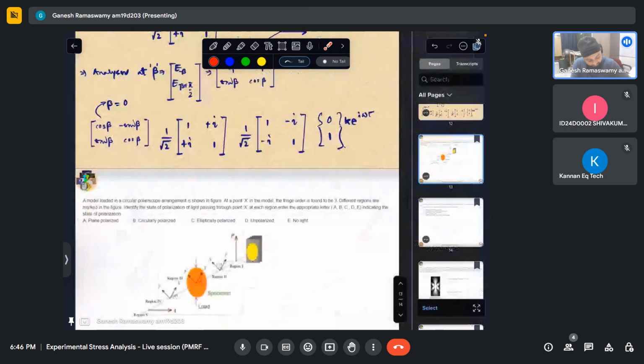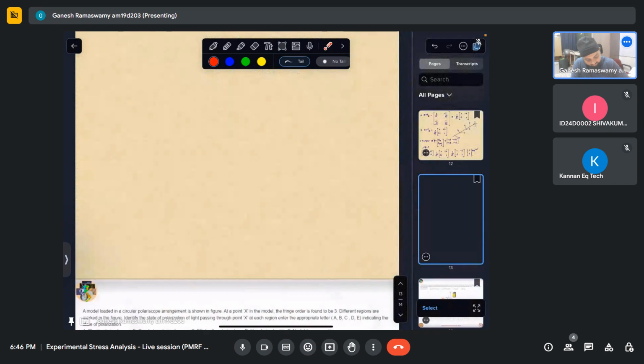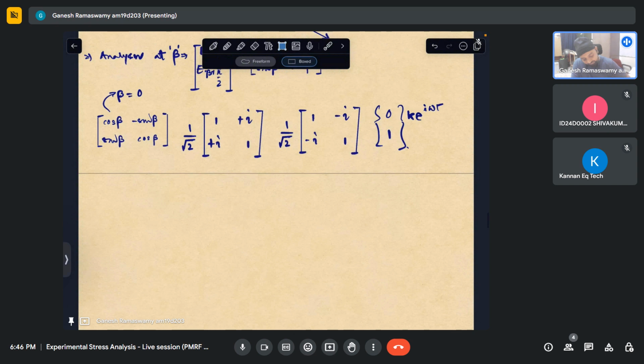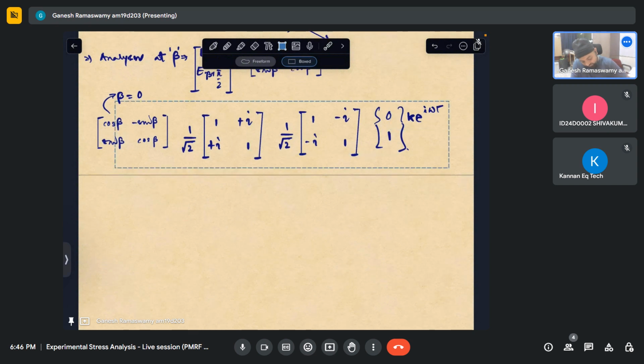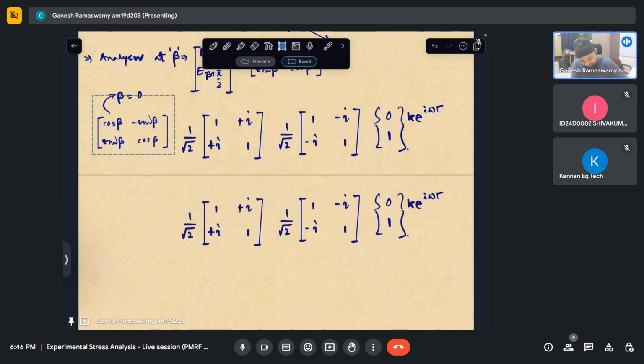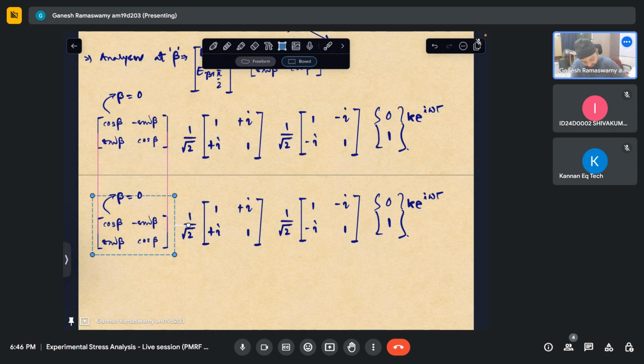Let us simplify this further. I'll just do one example in detail so that you at least know what it entails. Okay, let me do it step by step. This comes as it is. Let me plug in beta equal to 0. So what will I get?